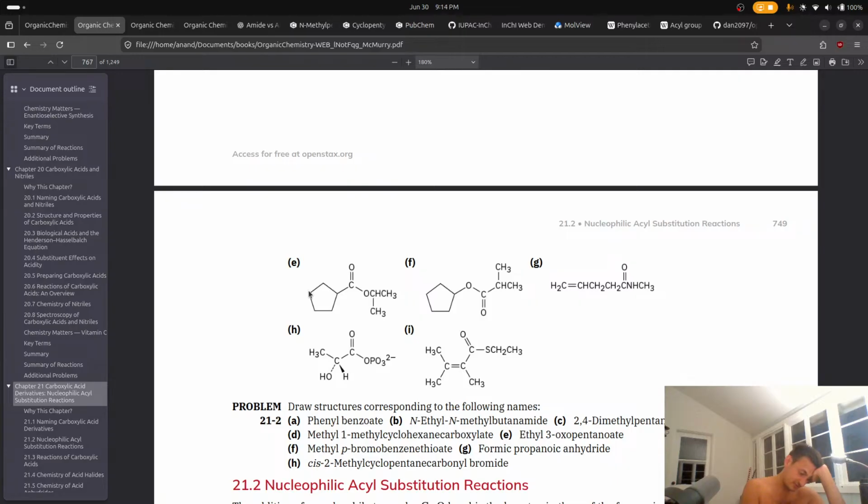But then what we have is 2,3-dimethyl butene, oic acid. So then it's going to be ethyl 2,3-dimethyl butene thioate.